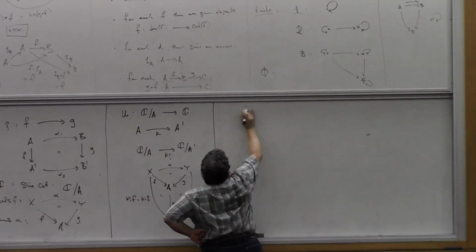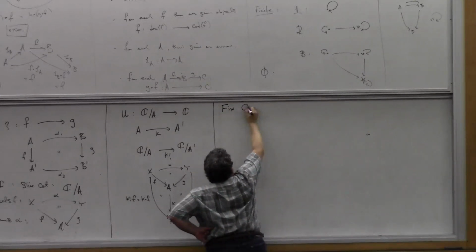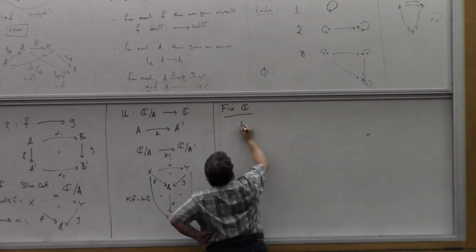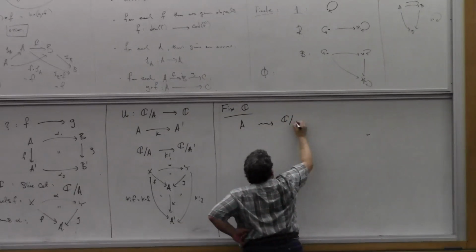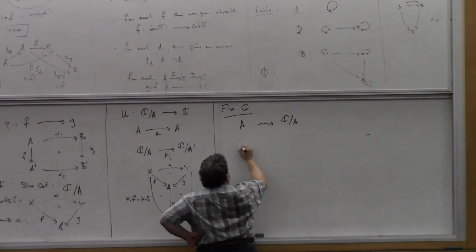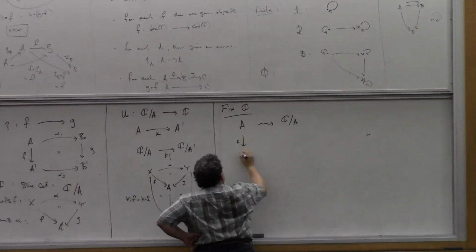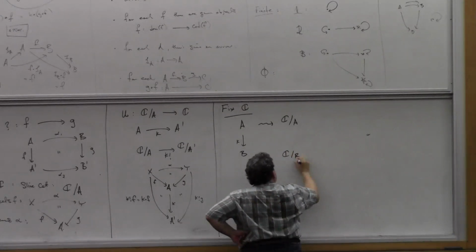So we're fixing C. Now for each object, we get a category, C over A. For each arrow, K from A to B, we get a functor, C over A to C over B.